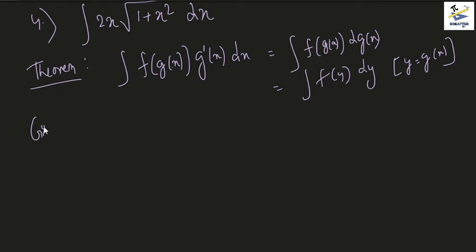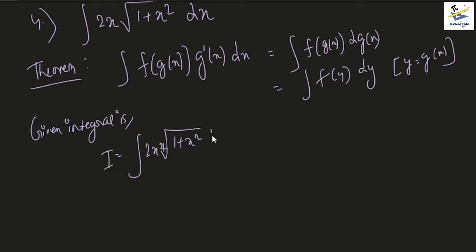So given integral is I equals to 2x into root over of 1 plus x square dx, and we can substitute y equals to 1 plus x square. Why are we doing that? Because I realize that the integral of 2x into root over 1 plus x square can be solved if we were to eliminate this root over 1 plus x square thing.